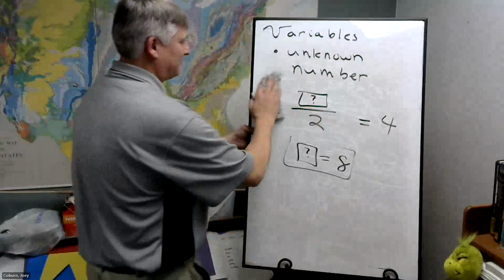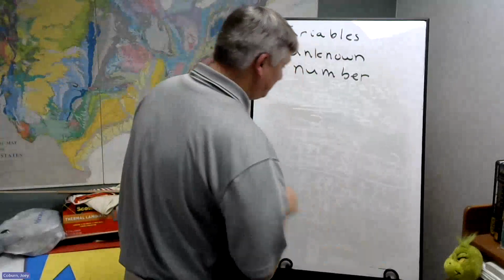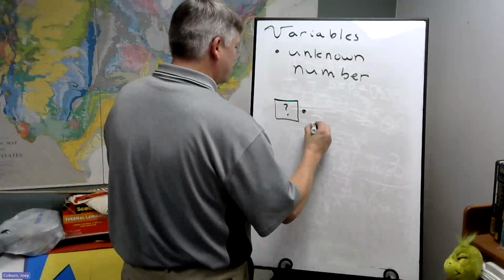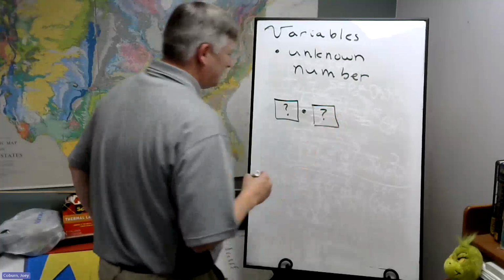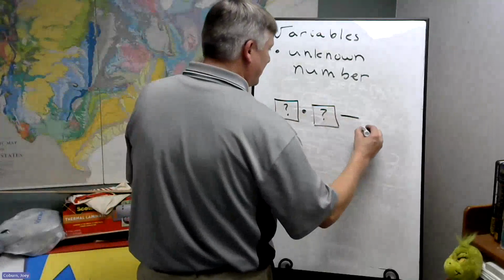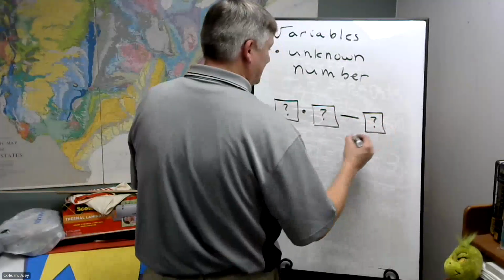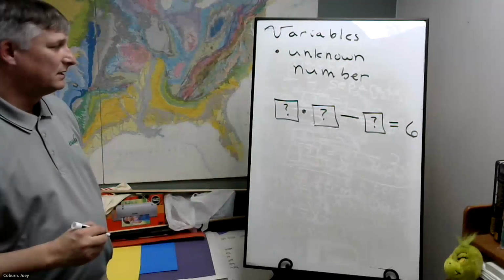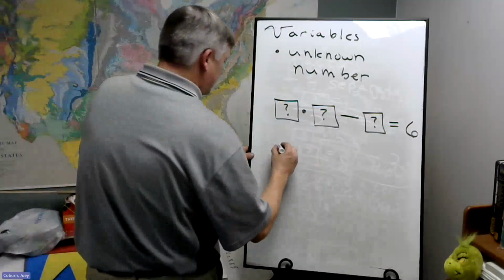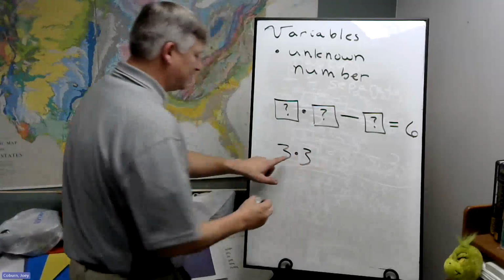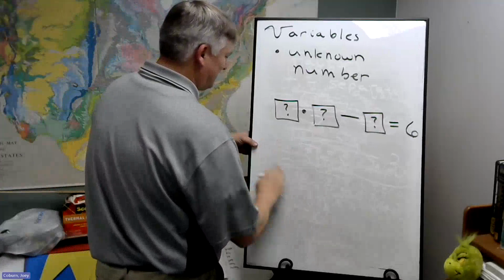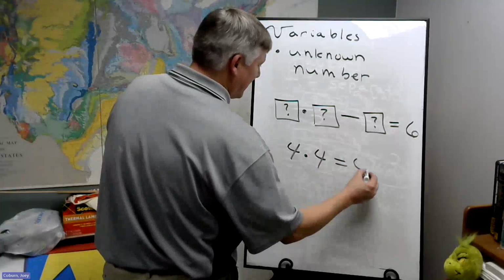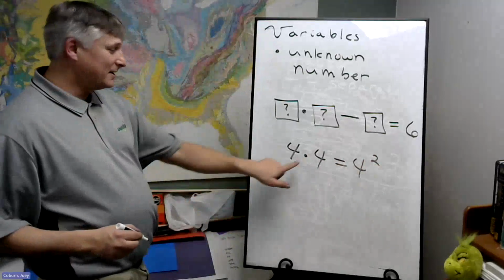One more. It's a tricky one. A number times itself, again, I'm going to use the dot here, minus itself gives you 6. Now, recall that if we have a number times itself, we can write that as the number squared. And again, I'm using the dot.